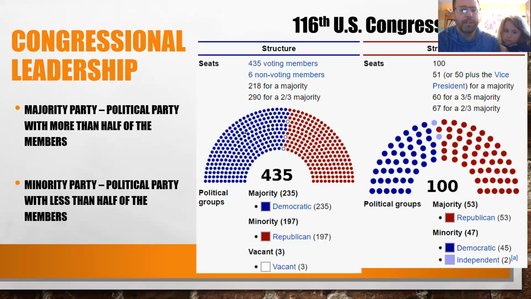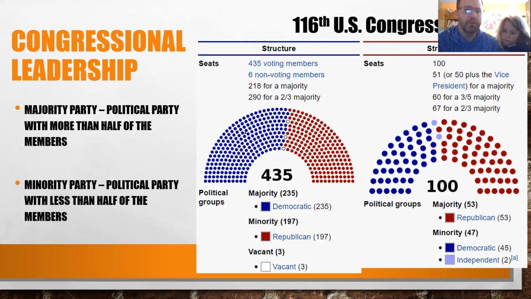All right, so once we have an election, after the 2018 election, this is what our Congress looks like. You can see that out of the 435 members in the House, the Democrats have the majority with 235 to the Republicans' 197. And then after the 2018 election in the Senate, the Republicans took the majority with 53 out of the 100, and the Democrats have 47.